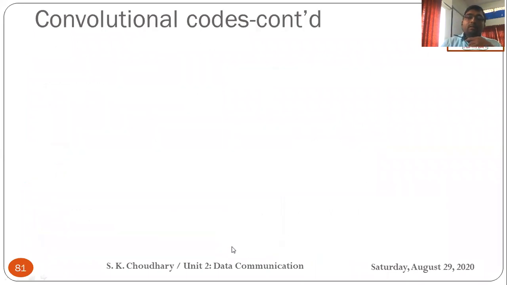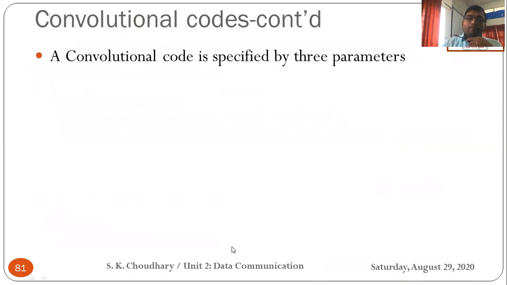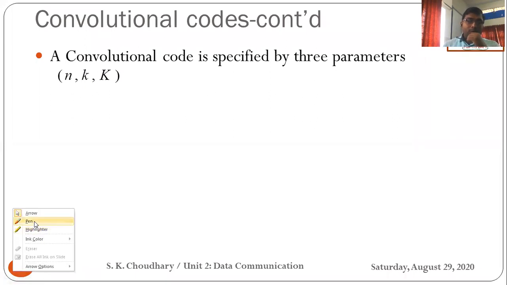We will see what the features of convolutional codes are. A convolutional code is specified by 3 parameters: n, small k, and capital K. What is small n?